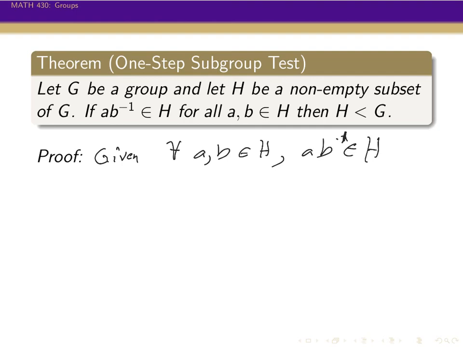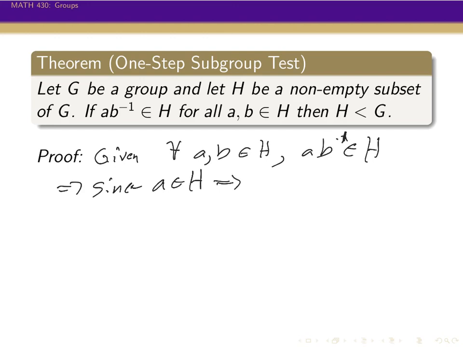And so we're going to use this to show that it satisfies all the properties of being a group. And so first, H is not empty, so there has to be some A in H.